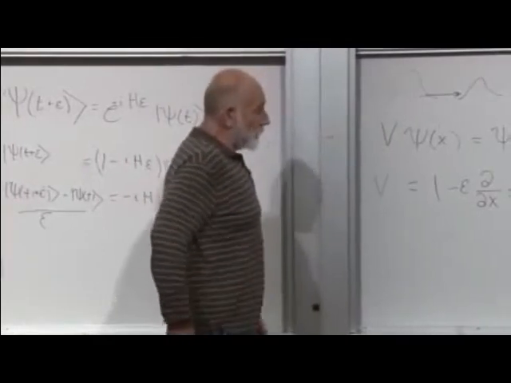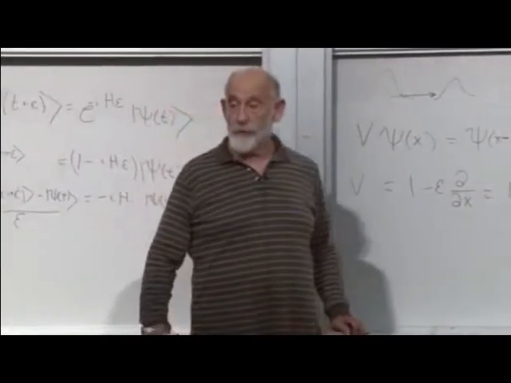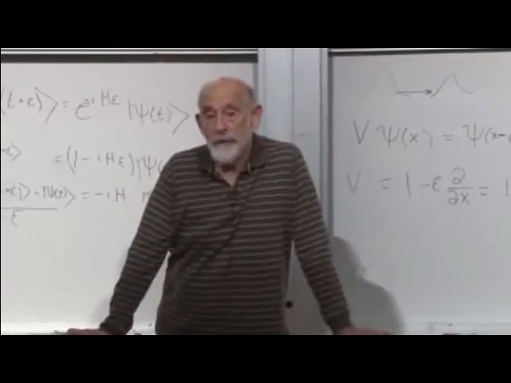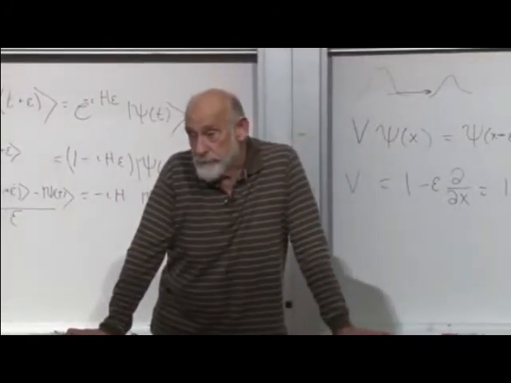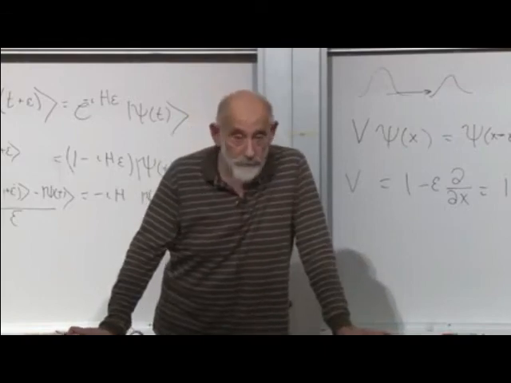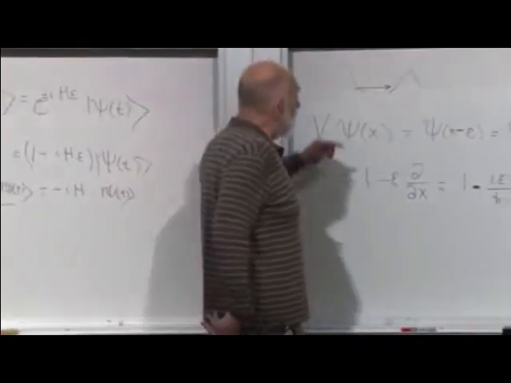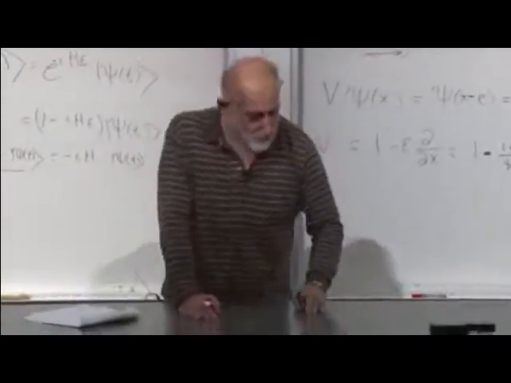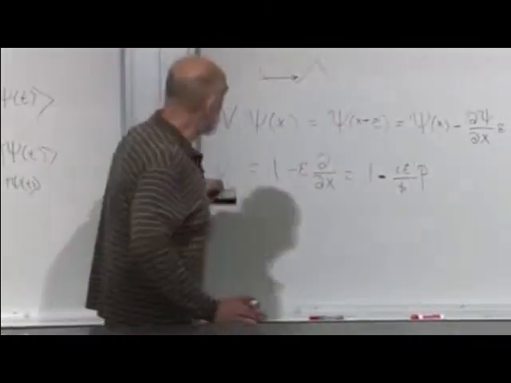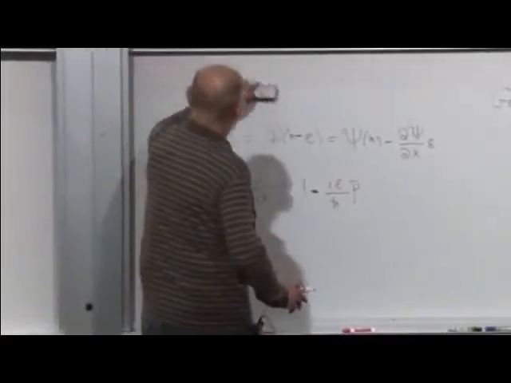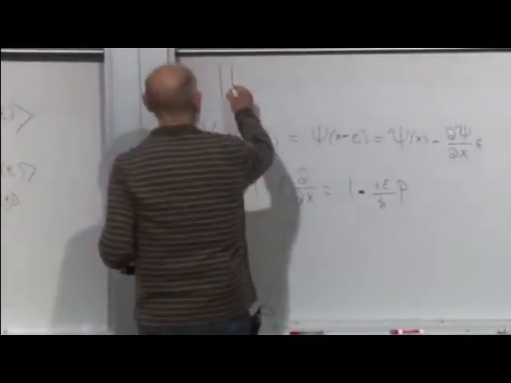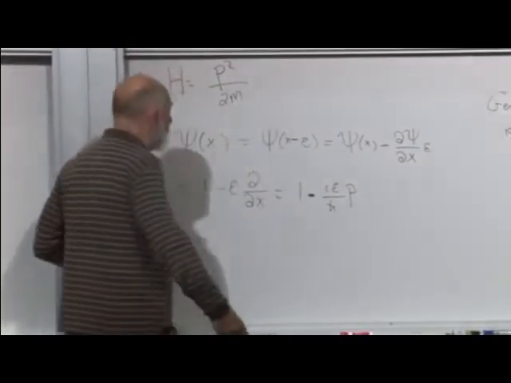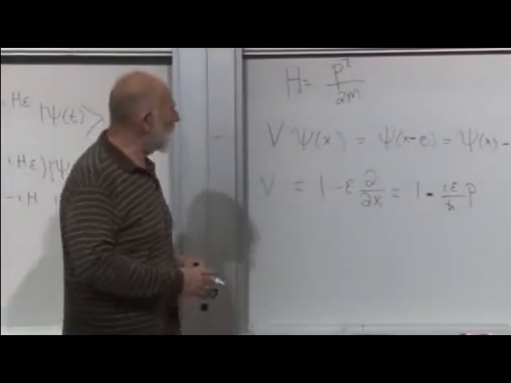Now, is p of x, the momentum along the x-axis, conserved? It depends on the Hamiltonian. So let's write down a Hamiltonian for a free particle, a particle moving in empty space with no forces acting on it. In that case, H is just p squared over 2m, the momentum squared divided by twice the mass.